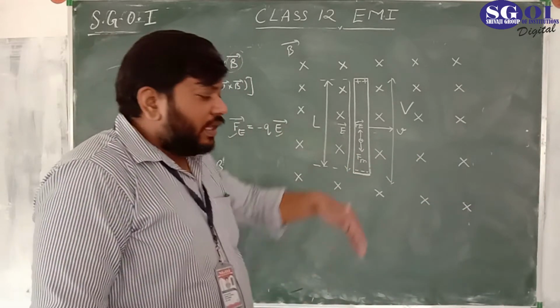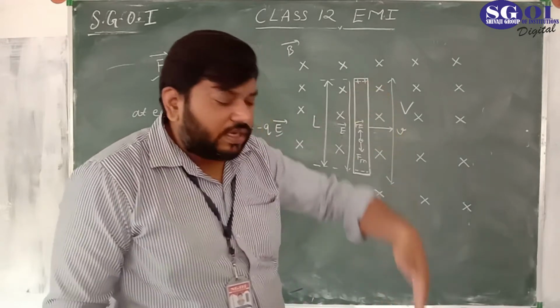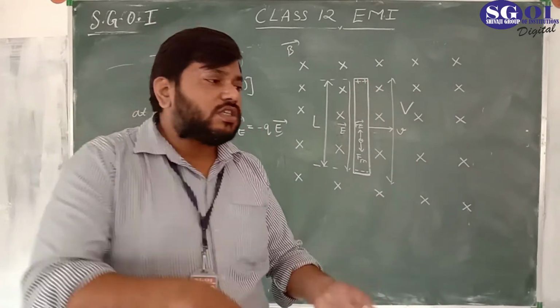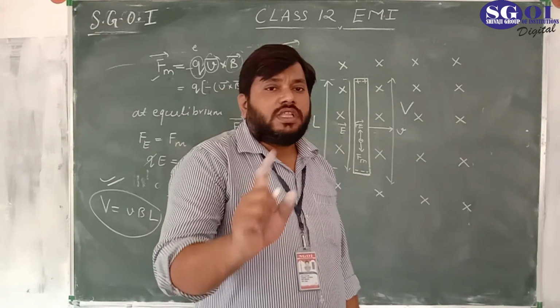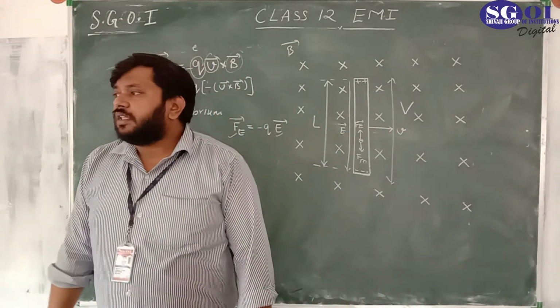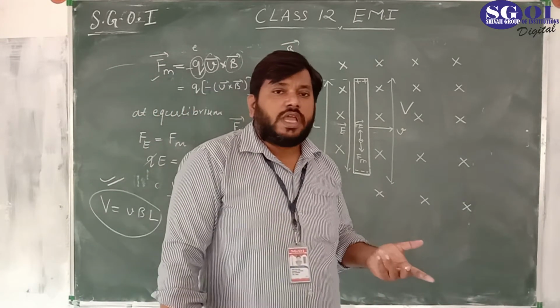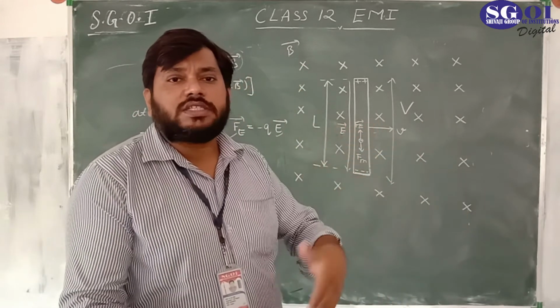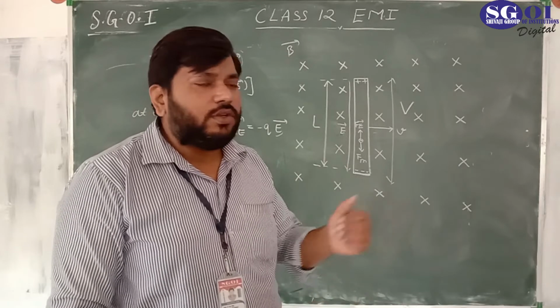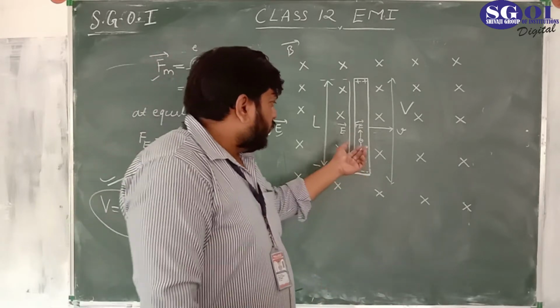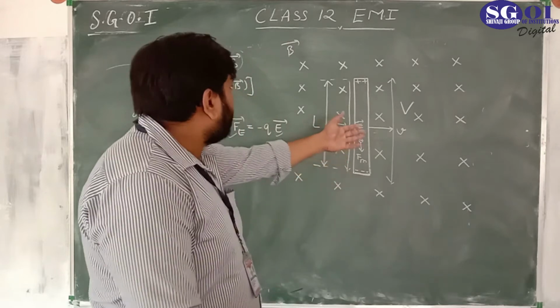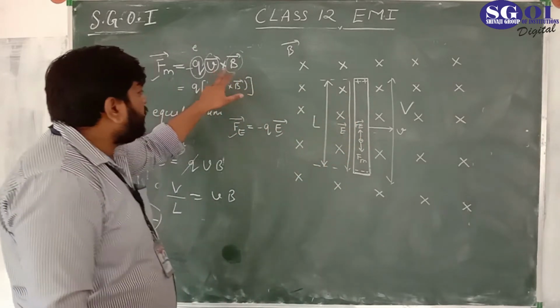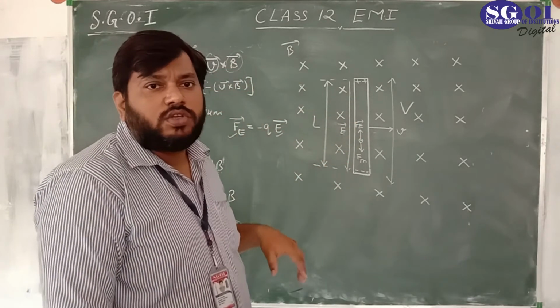And we know that if the velocity is along the direction of the magnetic field, there is no magnetic force. If there is no magnetic force, there is no electric force, no accumulation of charge, and no EMF induced. We can also see that if theta becomes 0, the angle between V and B is 0, and sin 0 is 0.